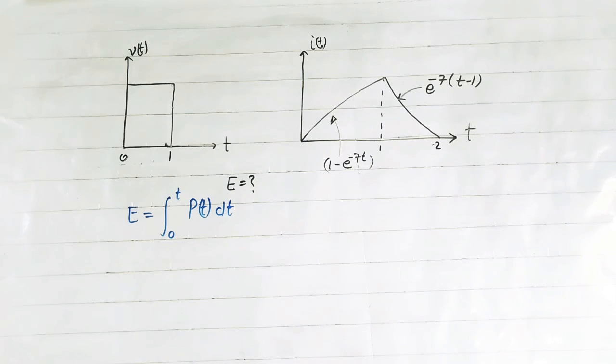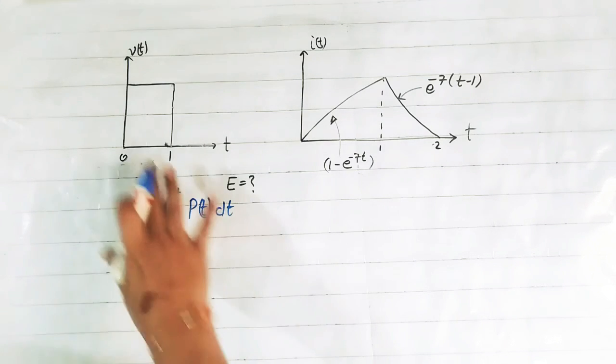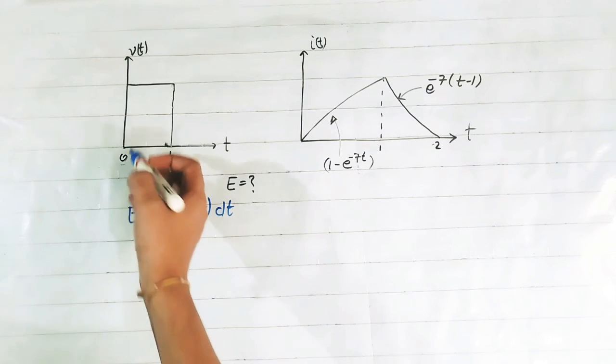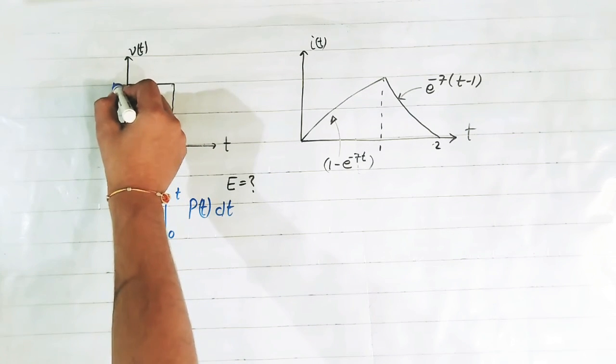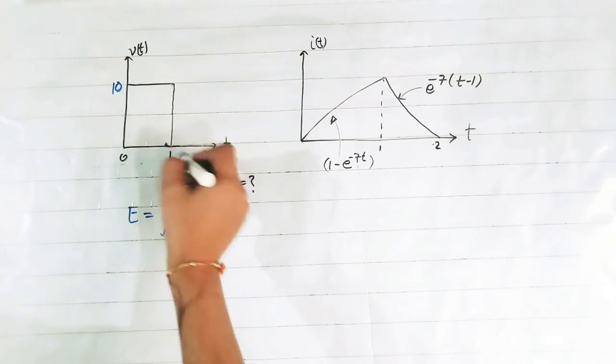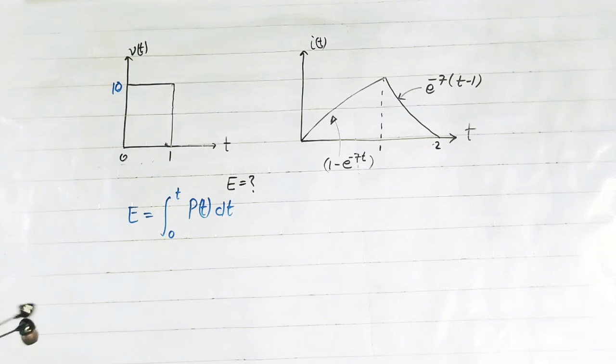Now we know that power is equal to voltage into current. The equation of voltage is constant from 0 to 1, suppose this is 10 volt. But the equation of current changes.